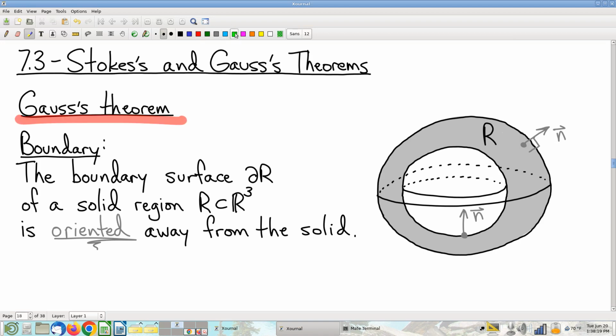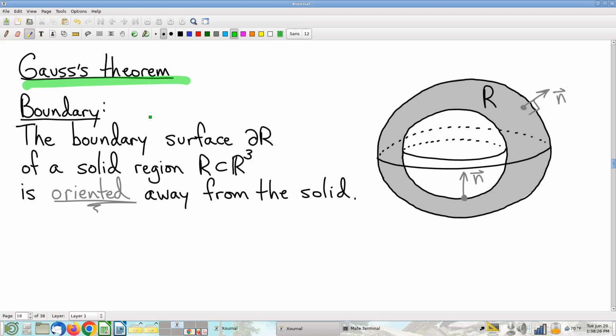Starting with Gauss's theorem. What you're going to find as we go through Gauss's theorem here is that there's a very strong analogy between Gauss's theorem and Green's theorem. They have a lot of common features. I've written down these notes deliberately to underscore that analogy.